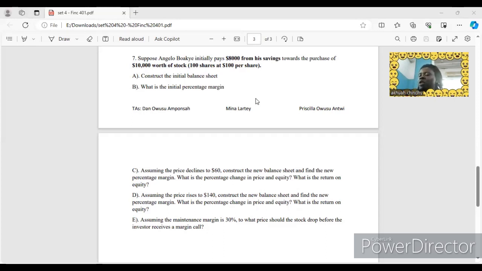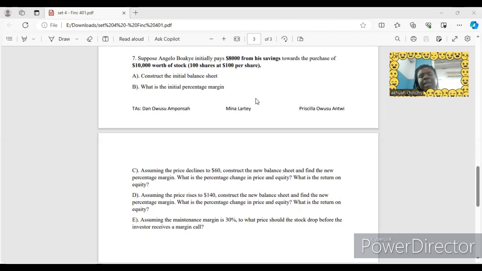That's the total value of the stock, $10,000. But he pays 8,000. Here there's no explicit information on how he was able to buy the total amount, right? But you should know that if he was able to buy 10,000 worth of shares with 8,000, it means he went for a loan of 2,000. So it's not straightforward here.